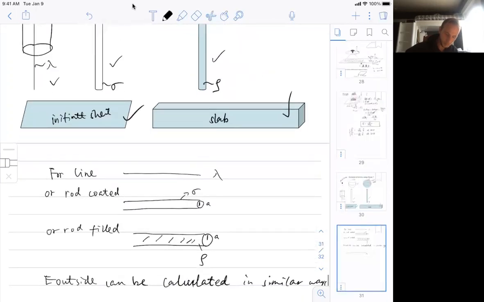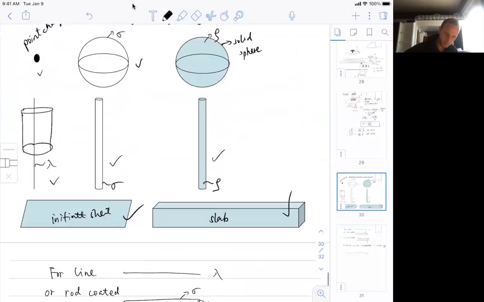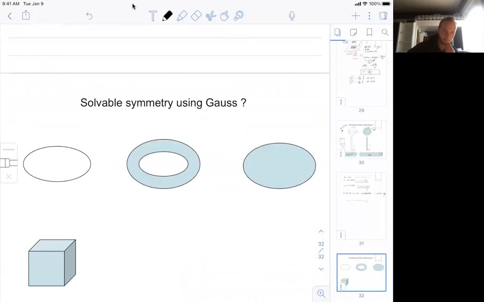Before we solve this one, I want to show you a few other scenarios and ask your opinion. What about a line charge array? Can we solve it using Gauss's law?